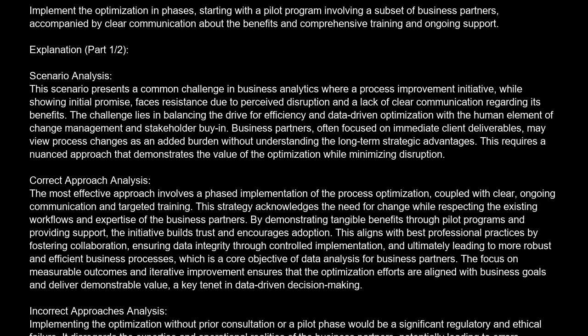This aligns with best professional practices by fostering collaboration, ensuring data integrity through controlled implementation, and ultimately leading to more robust and efficient business processes, which is a core objective of data analysis for business partners. The focus on measurable outcomes and iterative improvement ensures that the optimization efforts are aligned with business goals and deliver demonstrable value, a key tenet in data-driven decision-making.